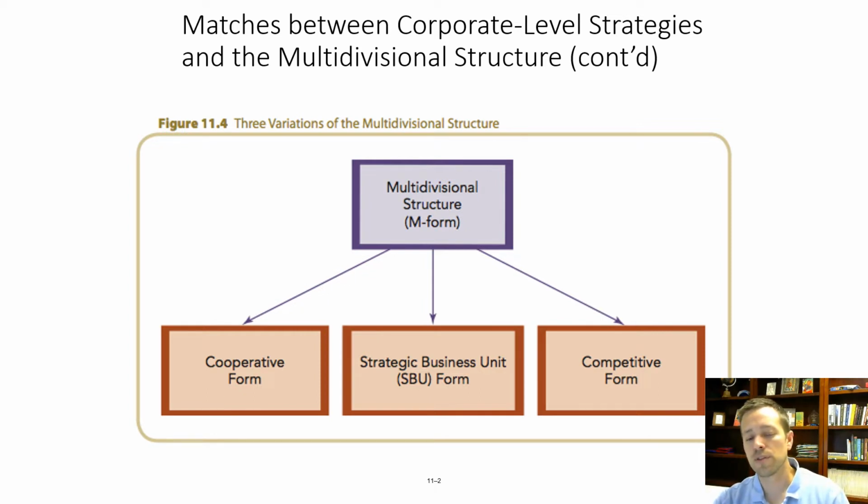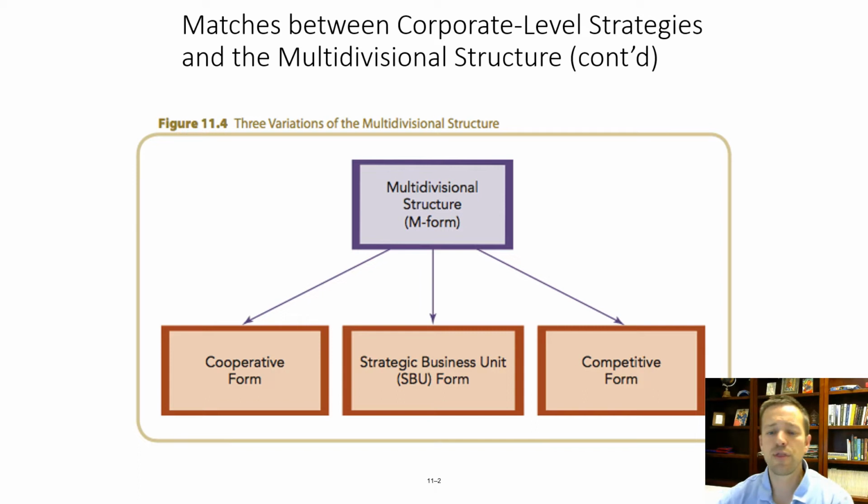And so these companies form strategic business units. They have multiple divisions within a business unit, and then they have multiple business units. Okay, so that is when there is related diversification between some products, but unrelated diversification between groups of products.